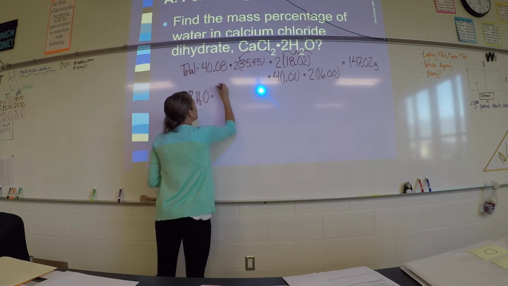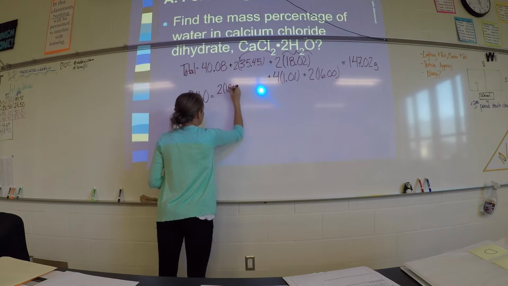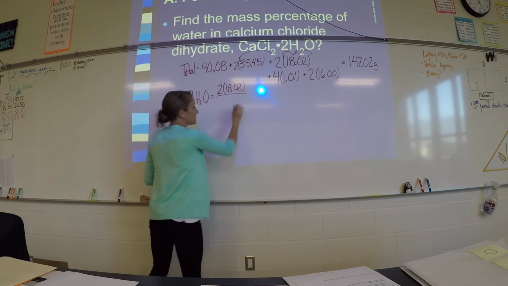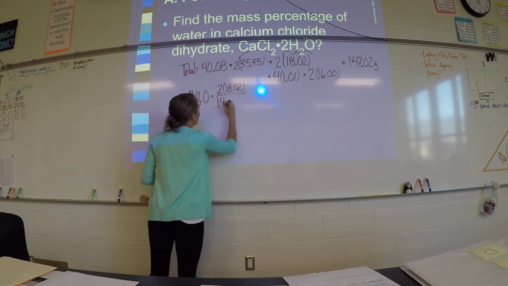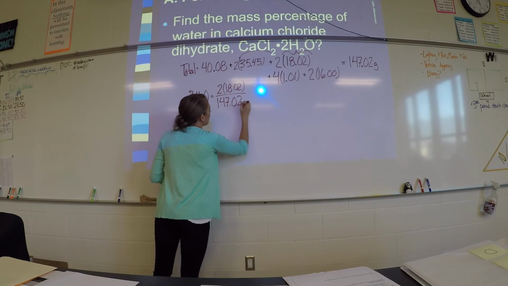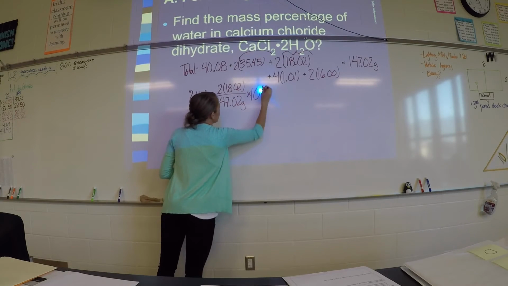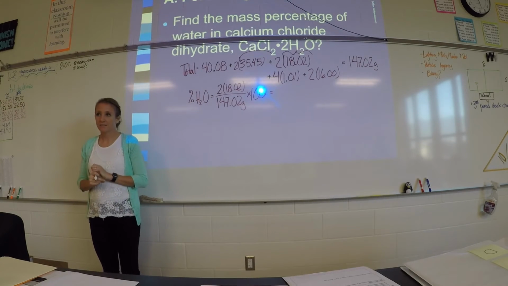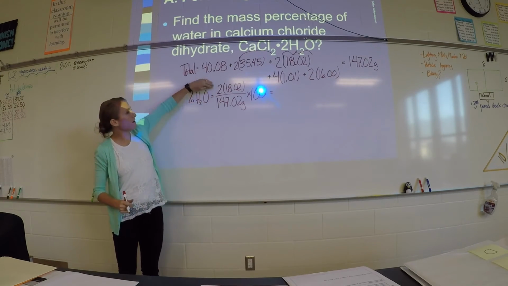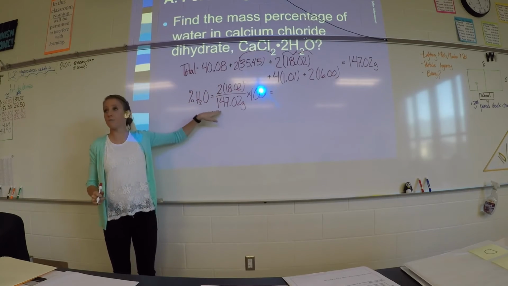So 2 times 18.02 on top, because there's 2 waters, and you can times that out beforehand, and then over our total, 147.02 grams, and then times it by 100. So the total amount of the water divided by the total mass of the compound.